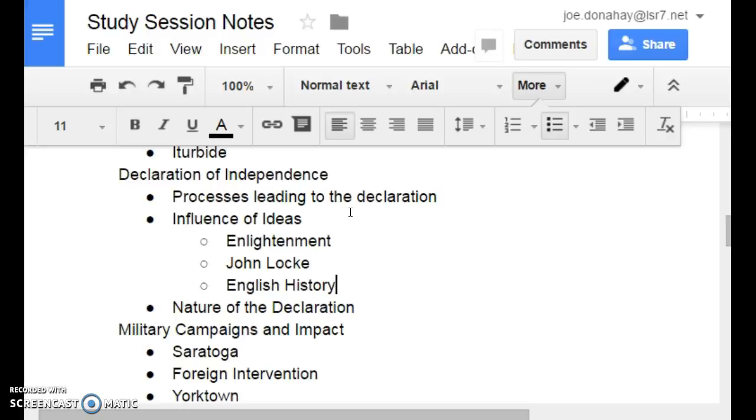With regard to the Enlightenment in general, one of the fundamental ideas of the Enlightenment is the social contract theory, that government is an agreement between the governed and the government.